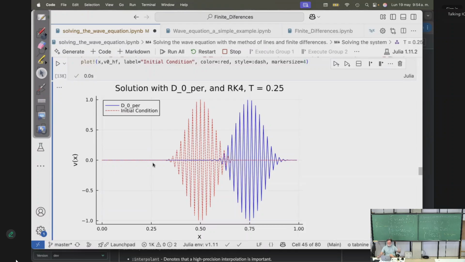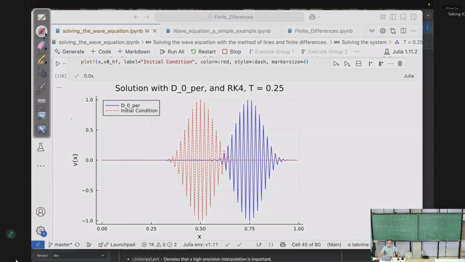You still expected the solution to be around here, but it's on the other side. The solution has moved toward the right and not towards the left.